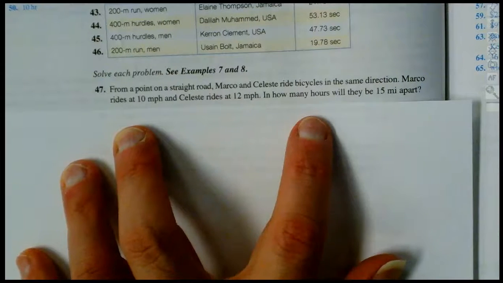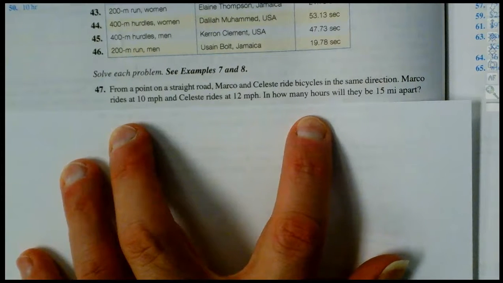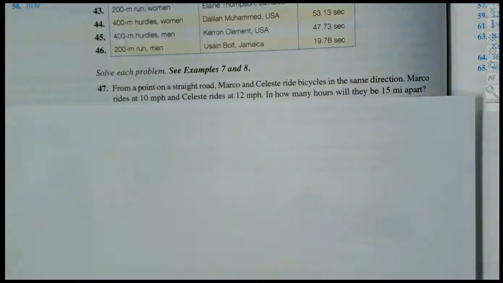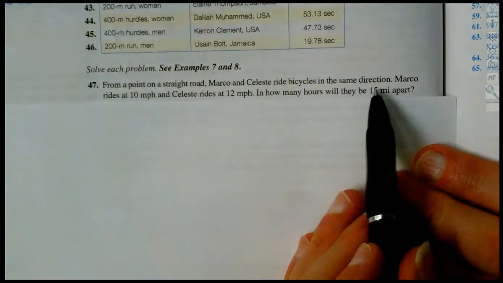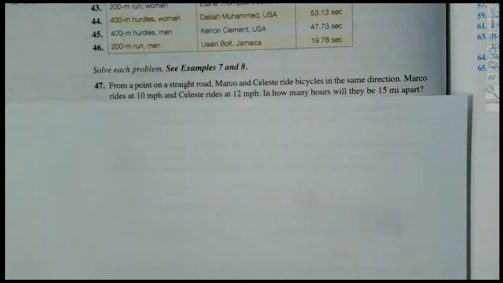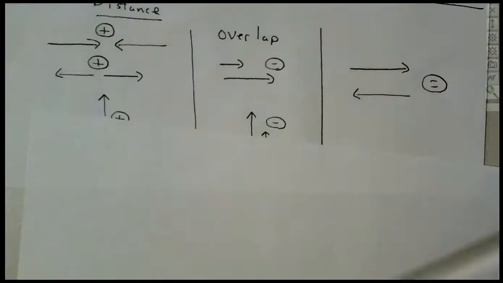In how many hours will they be 15 miles apart? So there's some key words here. One of them is they're going in the same direction. So they're going in the same direction, and we've got these two people going in the same direction. And we've got a rate, a time, and a distance.